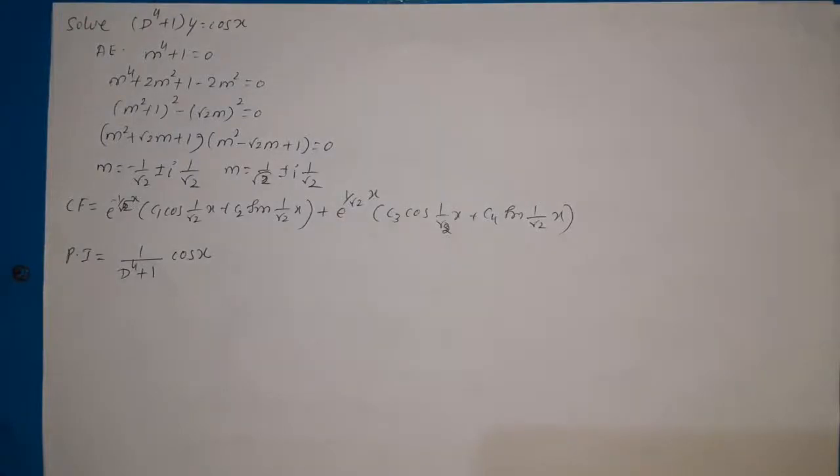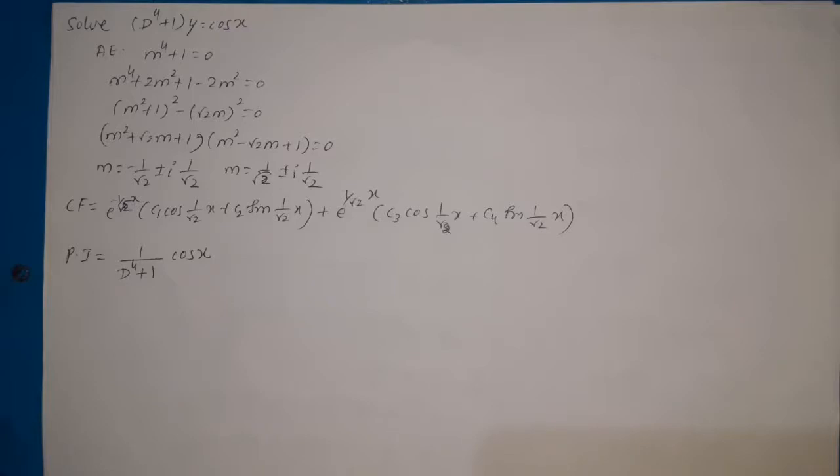So that is the complementary function, and then the particular integral is 1 divided by (d power 4 plus 1) into cos x. Here it is cos x, which is similar to the previous case of sin ax: whenever sin ax is there, substitute d square equal to minus a square.